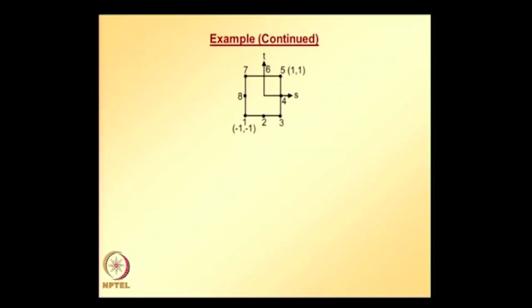So, we need to know what are the shape functions for 8 node parent element. Shape function expressions we need to know, and how can we get this? You just go back to the table where shape functions for 4 to 9 node element are given.